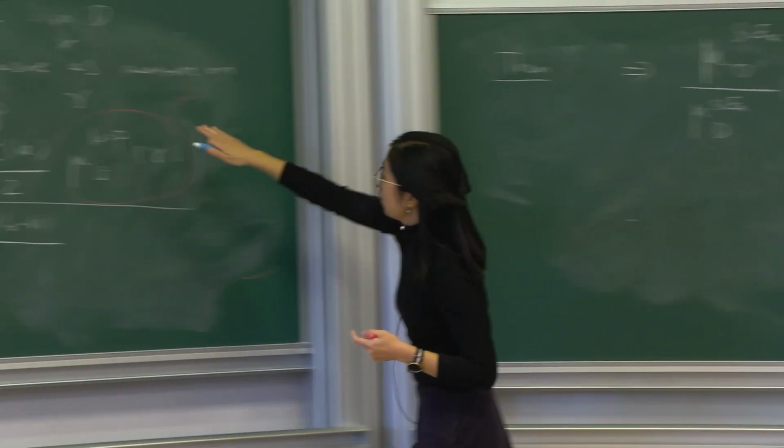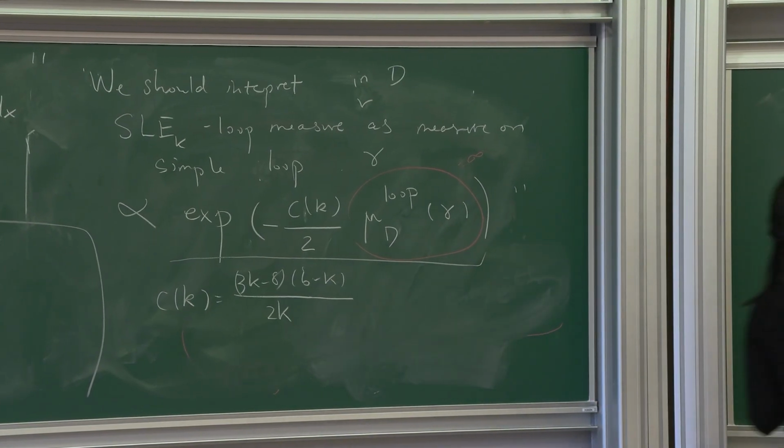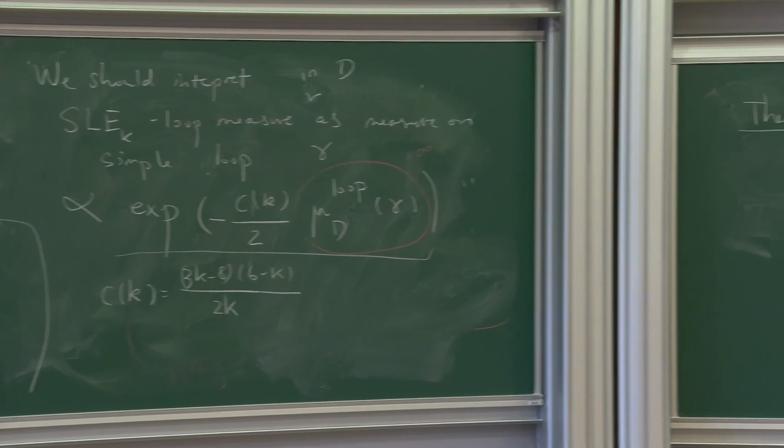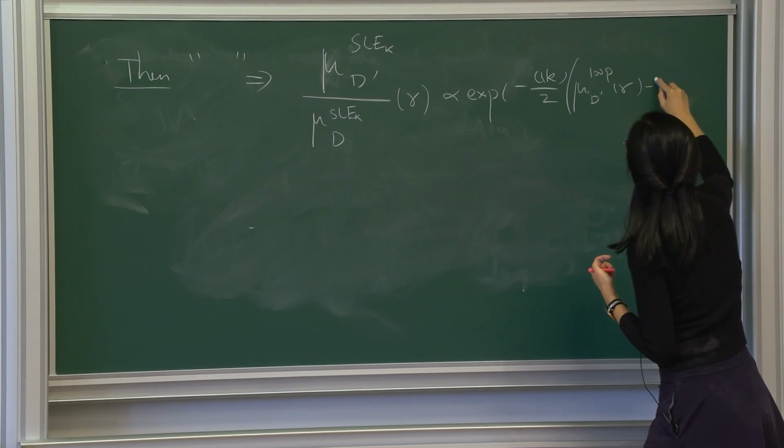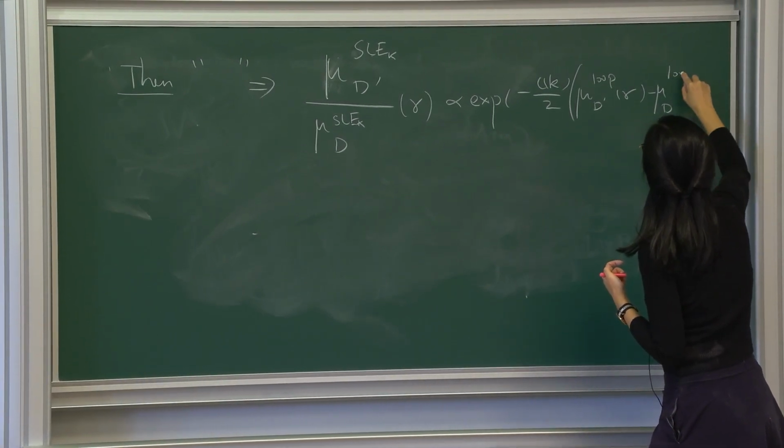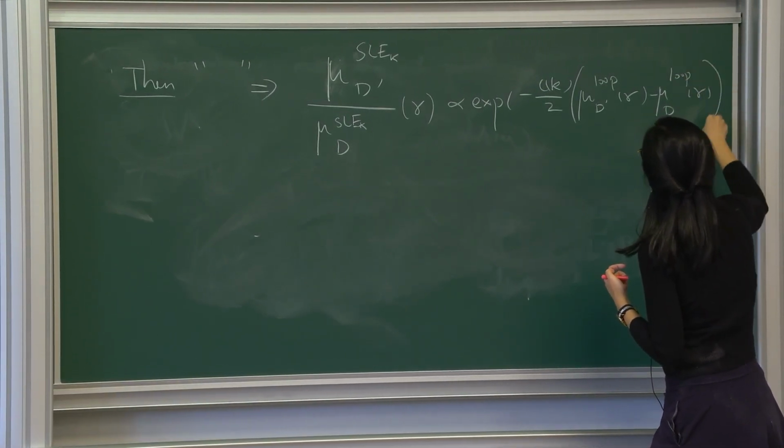Sorry, if I'm looking at D, this will be the mu loops in D. So in D prime, mu loop over gamma minus mu D loop gamma.